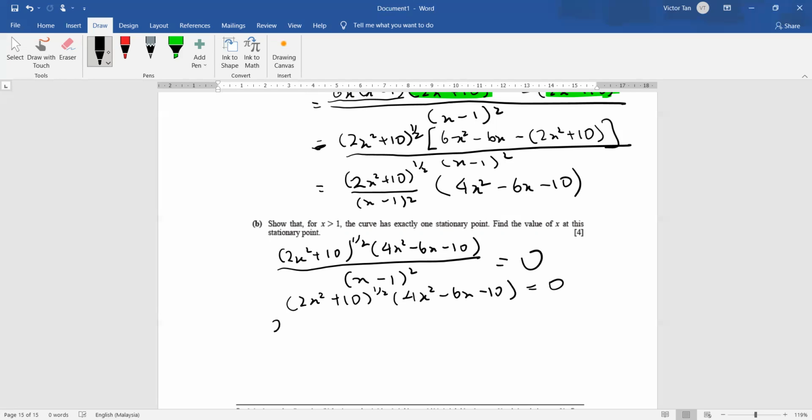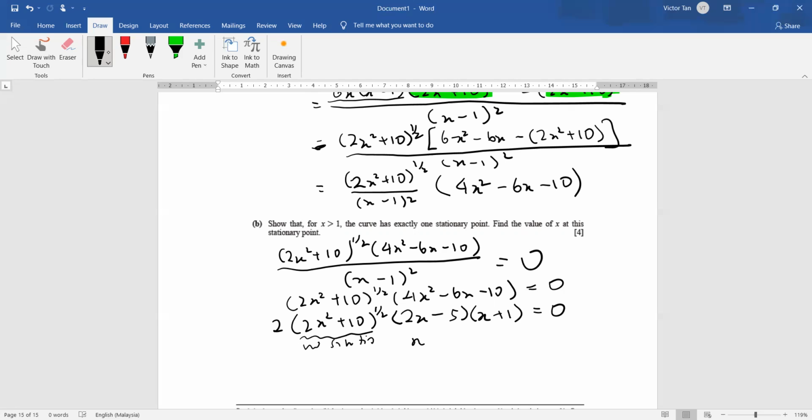So you get 2x squared plus 10, there's no solution. So 2x minus 5 times x plus 1.